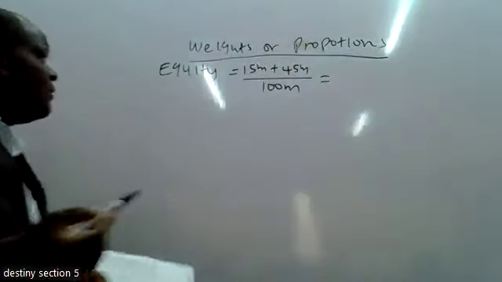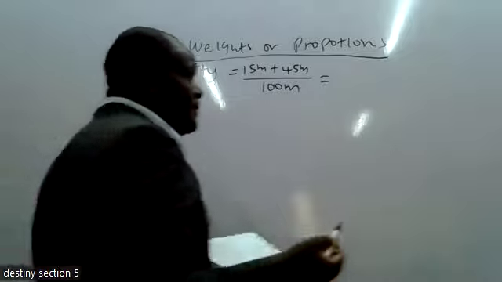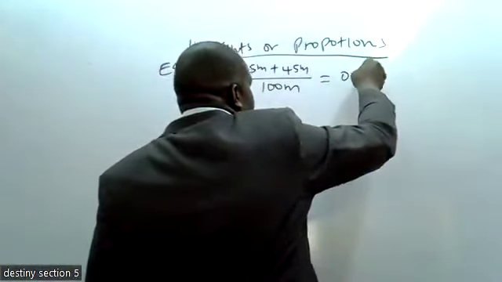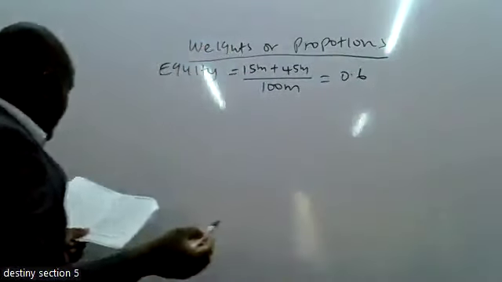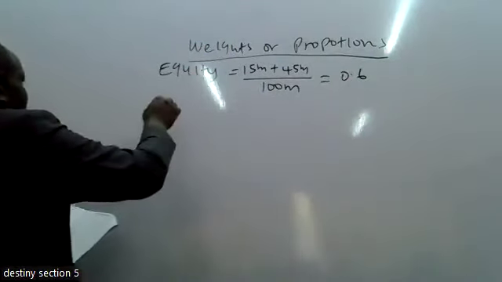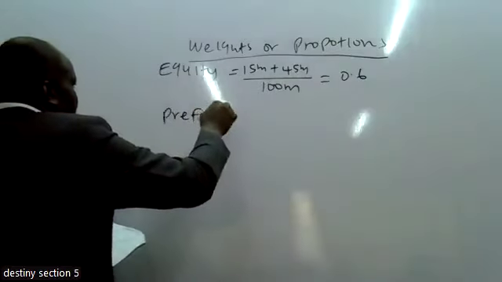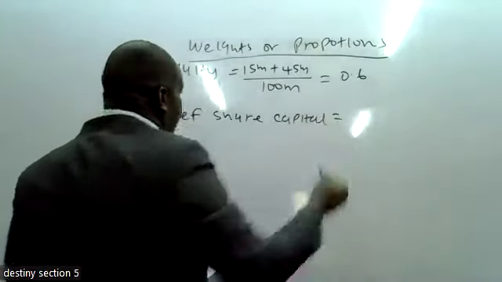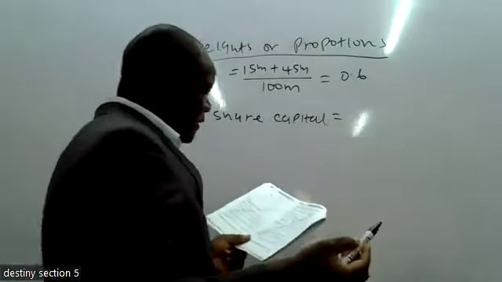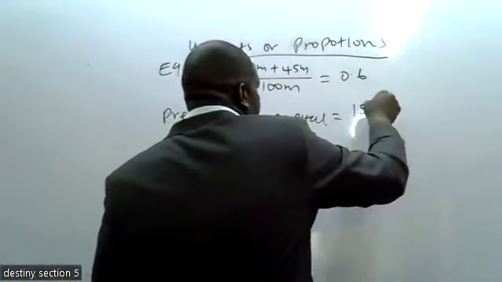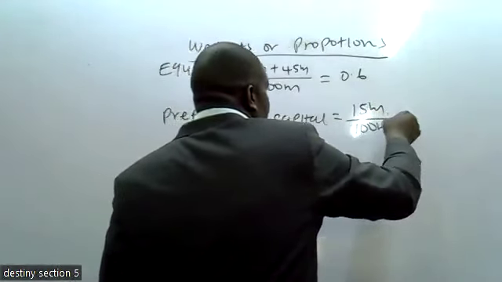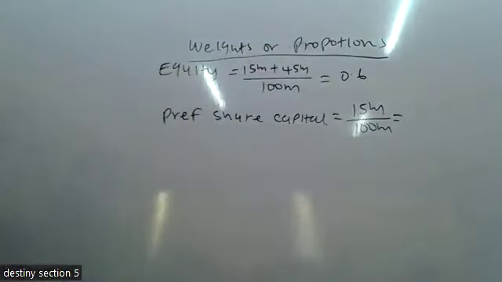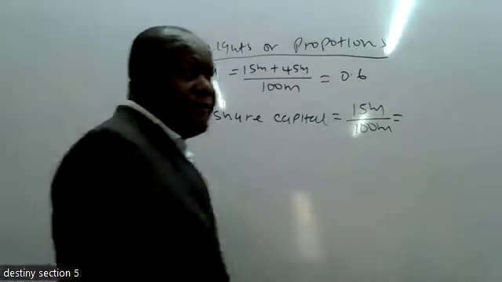So that should give us 0.6. Then the other one is the preference share capital. For the preference share capital, you can see it is 15 million. Also divide by 100. So 15 divided by 100 should give us 0.15.